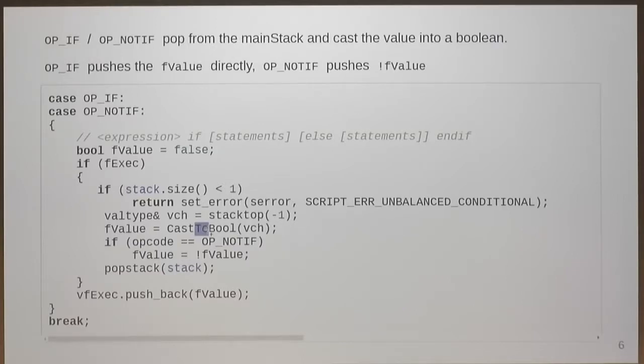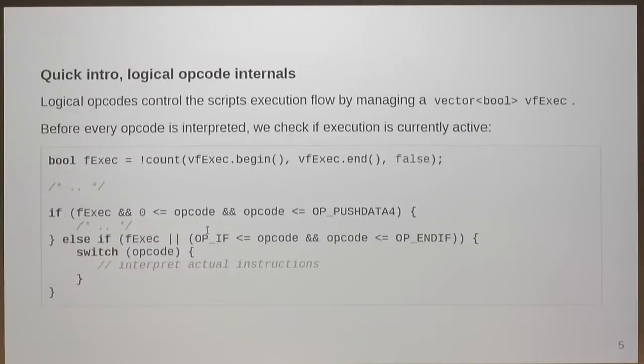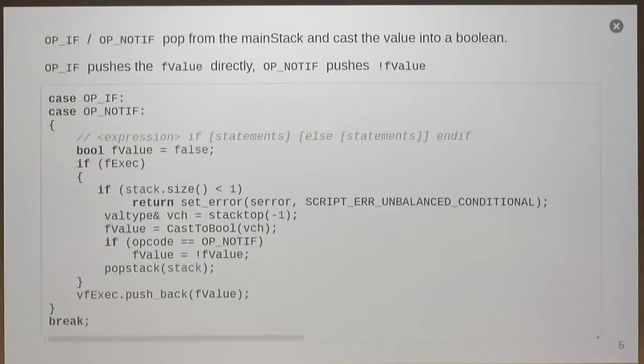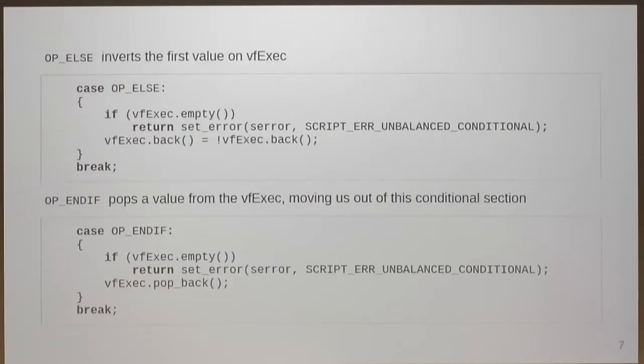This interacts with that previous slide where we check whether execution is active. So these opcodes are what we use to test some condition, and there's also else and endif.